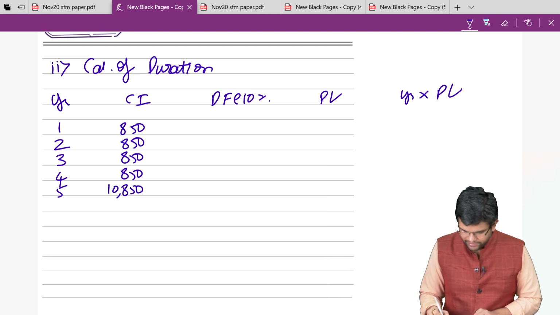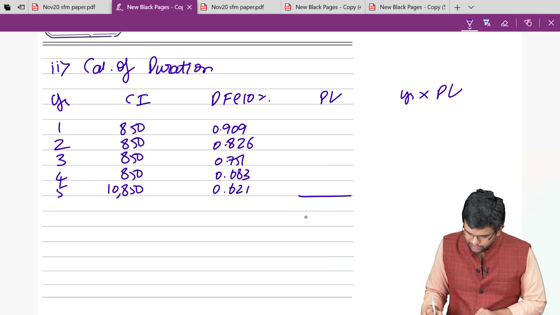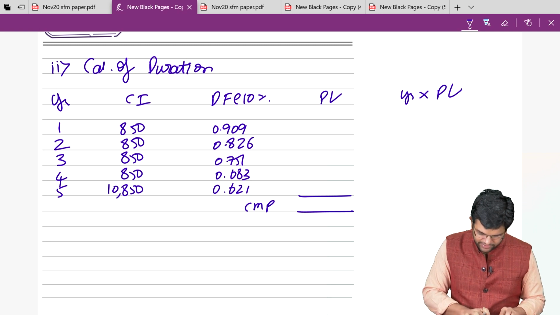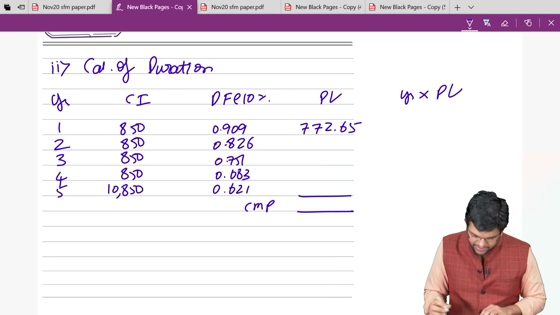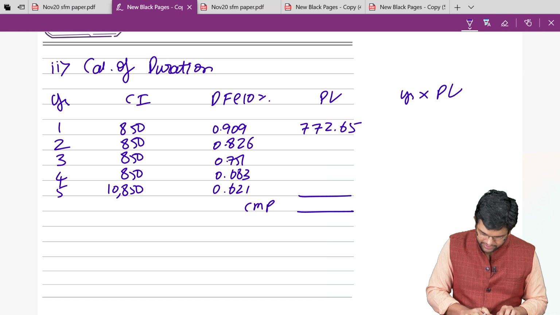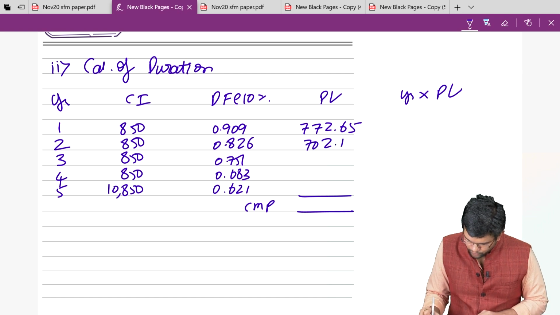As far as discounting factors are concerned, 0.909, 0.826, 0.751, 0.683, 0.621. Children, let's calculate this. The total of course will be the current market price. So 850 into 0.909, this is 772.65. Then 850 into 0.826, this is 702.1.